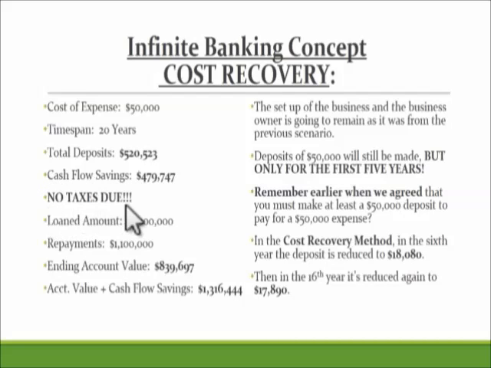No taxes are due on the growth of the money in that account. You still will loan out the $1 million. You still will receive repayments of $1.1 million. At the end of 20 years, the account value will be $839,697. All this money tax-free.